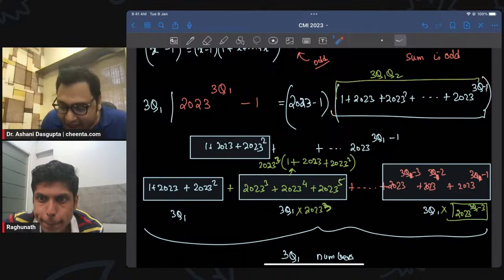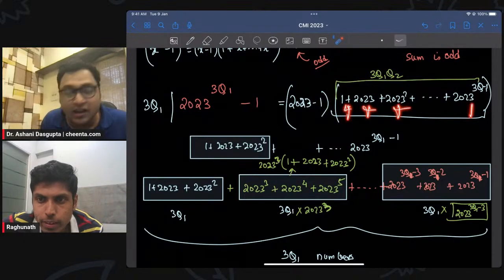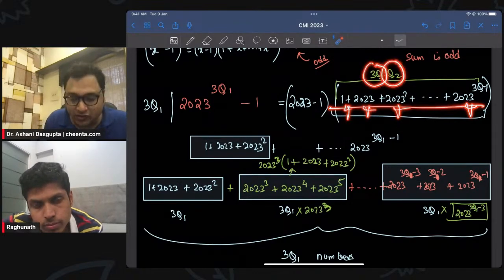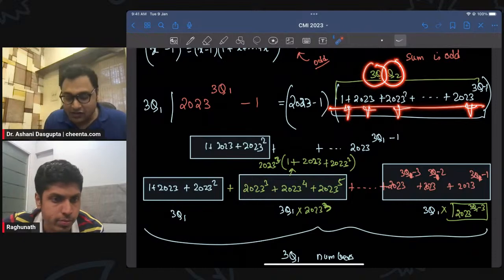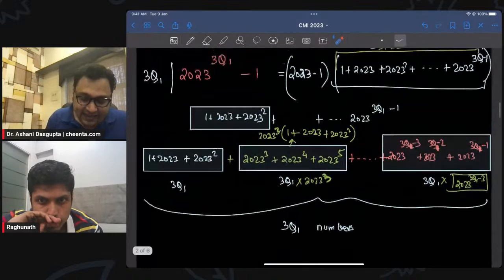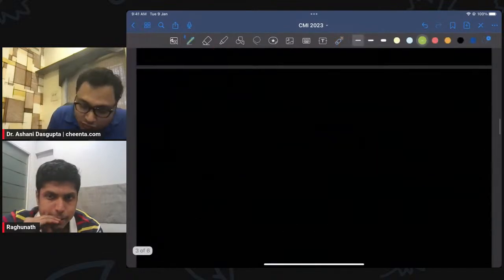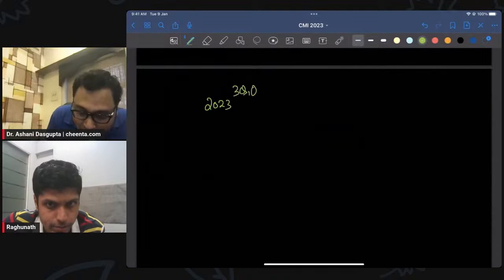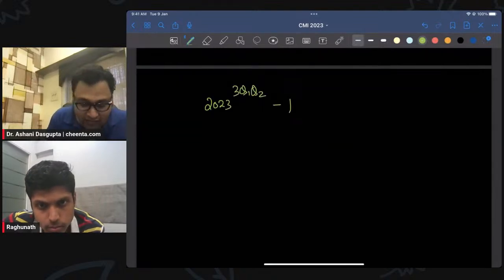Because again, we added up an odd number of odd numbers. So this entire thing is odd. 3q1 is odd, q2 is also odd. So now what we can do is, and this I will leave as an exercise, that 2023 raised to the power 3q1 q2 minus 1 is divisible by 3q1 q2.